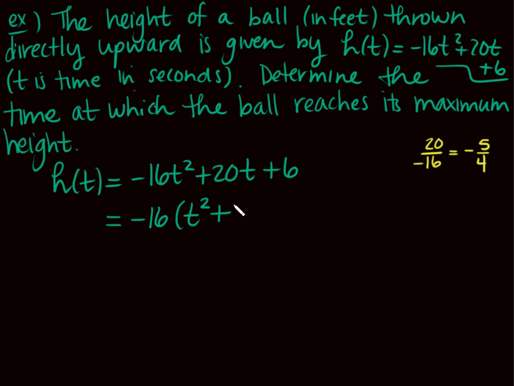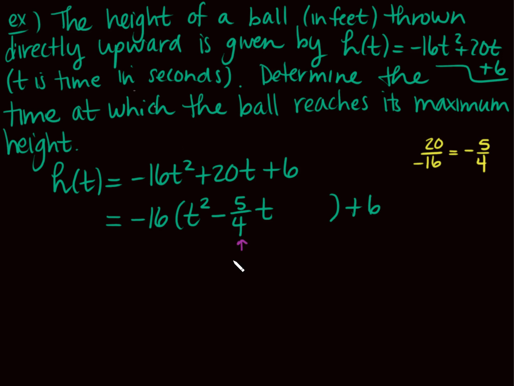Let me erase this really quick. Okay. So I will have minus, because a positive divided by a negative is a negative, so I would have -5/4 t, and then I'm going to give myself some space and do 6 right here. Again, don't be scared of fractions.